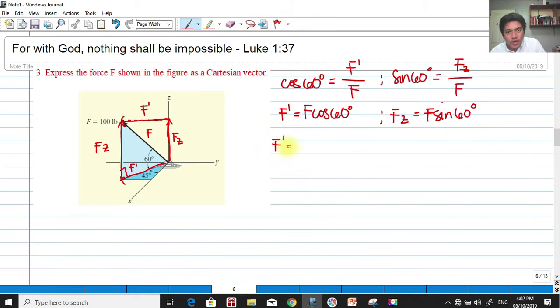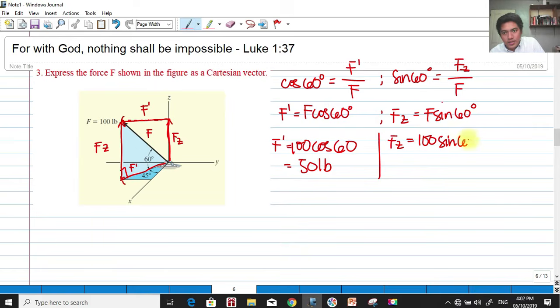So F prime would now be 100 cosine 60, and the result of that is 50 pounds. How about F of z? F of z would be 100 sine 60 degrees. The result of that is 86.6 pounds.